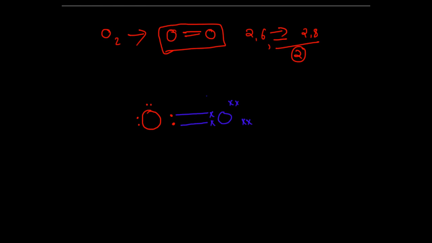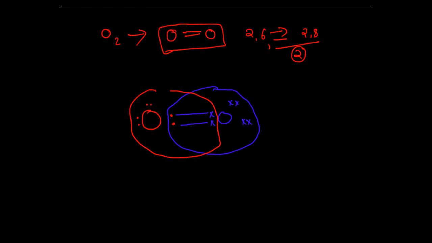So now the atom of this oxygen is in this form. Now if you count closely, this oxygen has 8 electrons, and the atom of the left oxygen is this. So both the oxygen atoms have 8 electrons and they have gained the octet state.